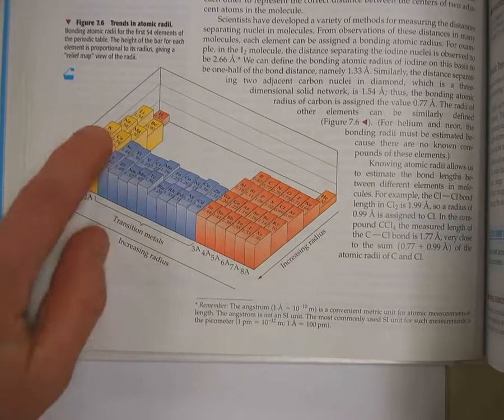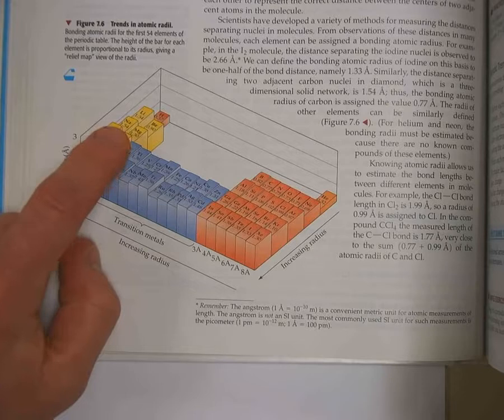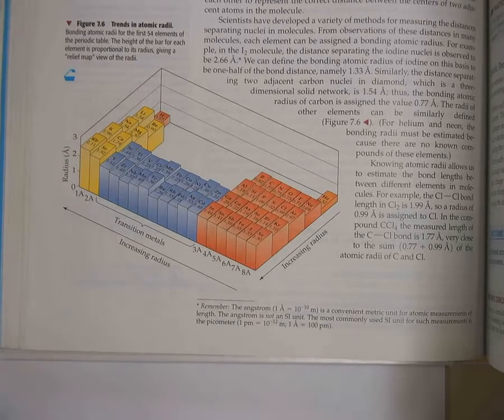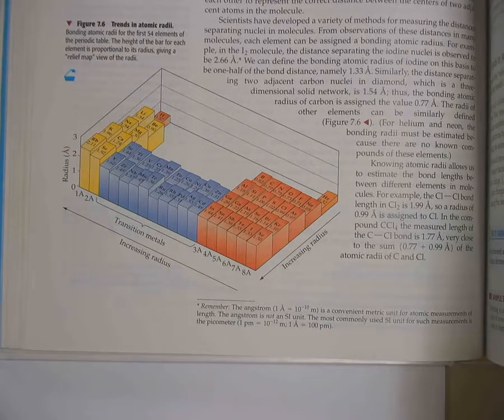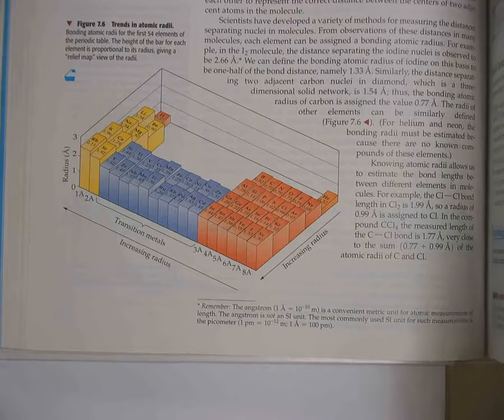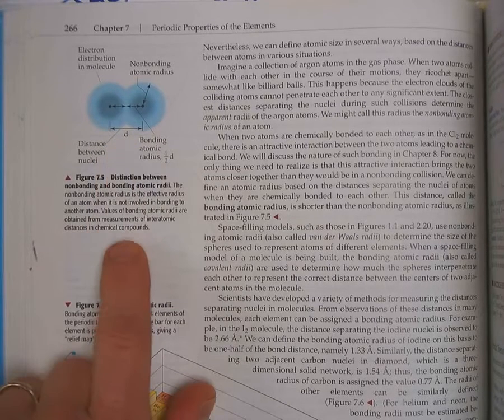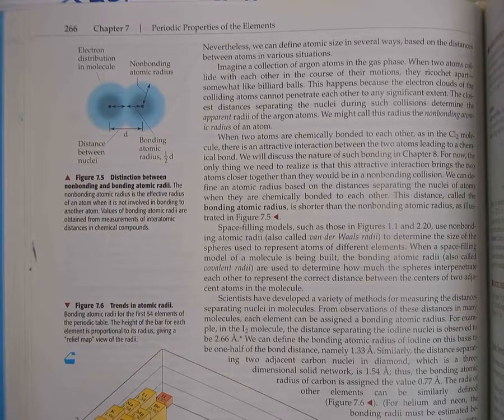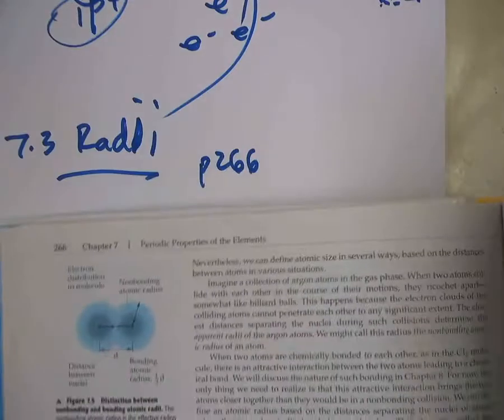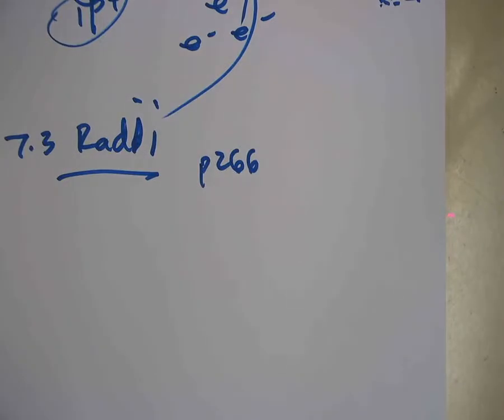It increases to the left because there are fewer protons in the nucleus. It increases down because you add actual shells of electrons. You need not only to memorize the trend, but why the trend occurs. Radius is actually defined as the bonded atomic radius, and you should know the difference between bonded and non-bonded atomic radii there on page 266. Okay?